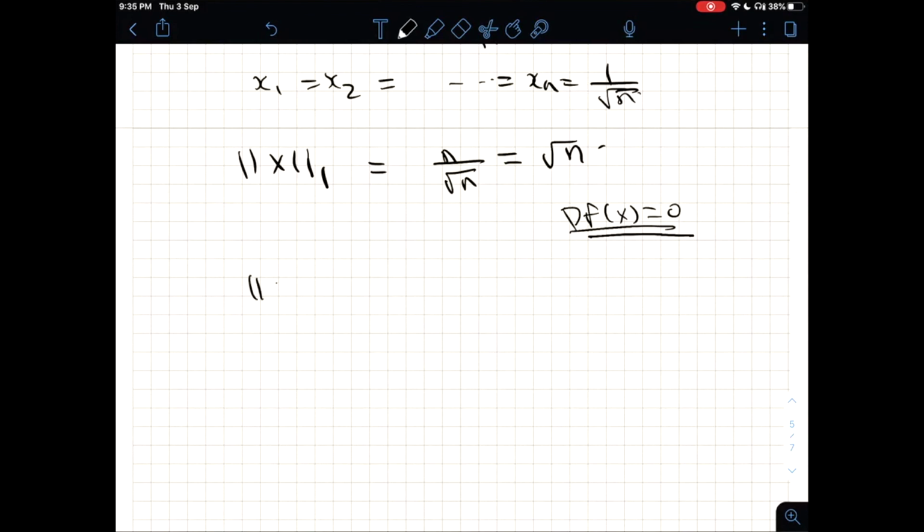So what I need to show now is that the lower bound is actually the second norm itself.